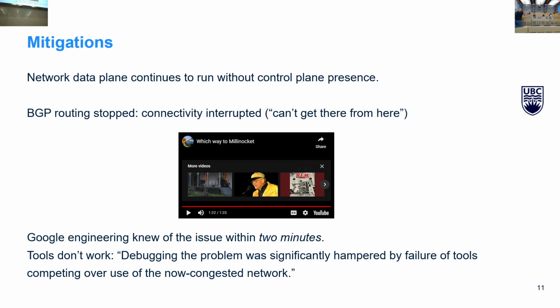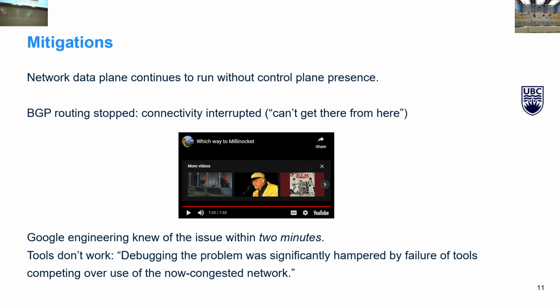You're sitting there trying to figure out, well, how am I going to get there? Maybe you can go this way, maybe you can go that way. And then you realize, no, there's no path to get there. That's what it means when BGP stops working. Because BGP is this old Mainer basically sitting there talking to a bunch of other old Mainers, discussing the way that you should get your packets from point A to point B. And when it stops working, your packets stop flowing.